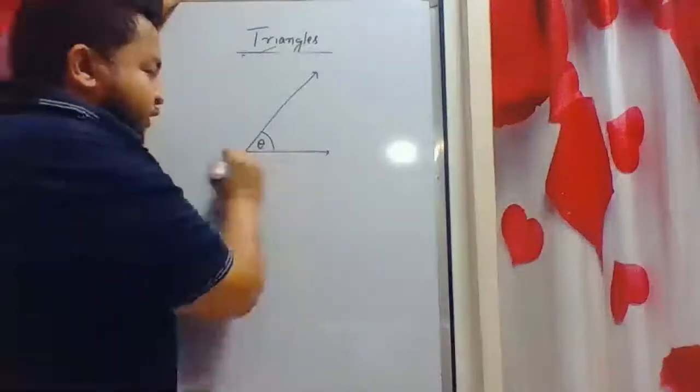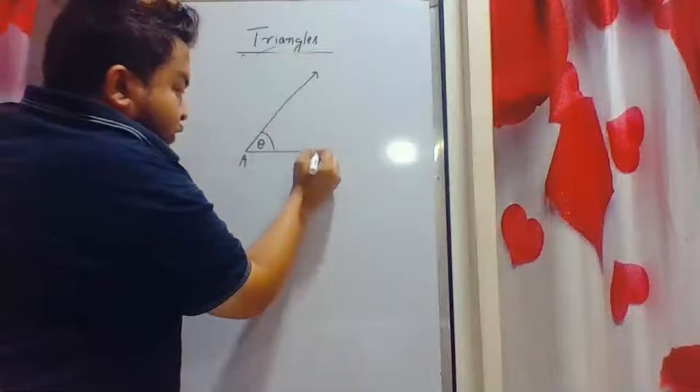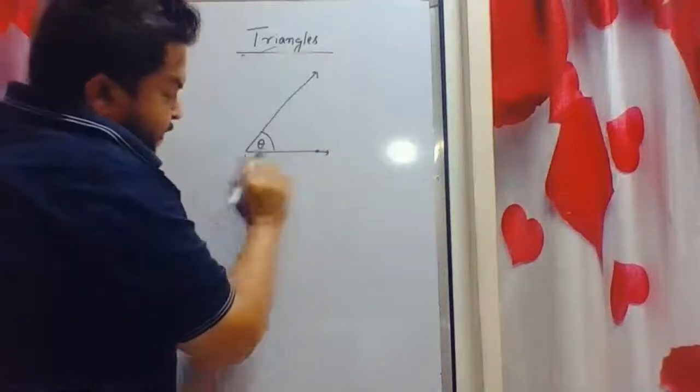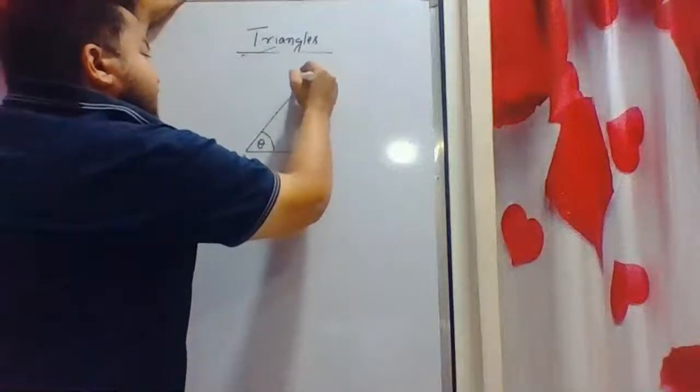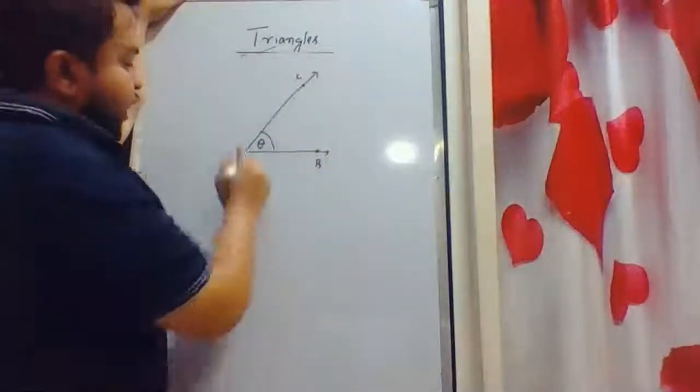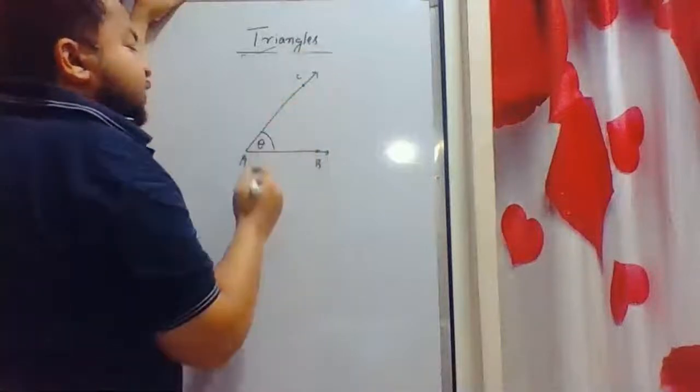Now suppose on these two rays, I imagine that this point is B and this point is C. So I have fixed a length of AB, I have fixed a length of BC.